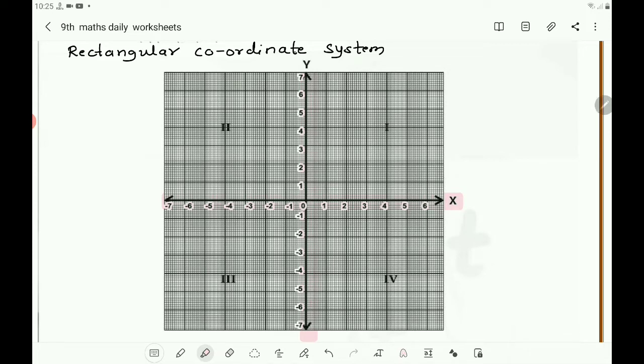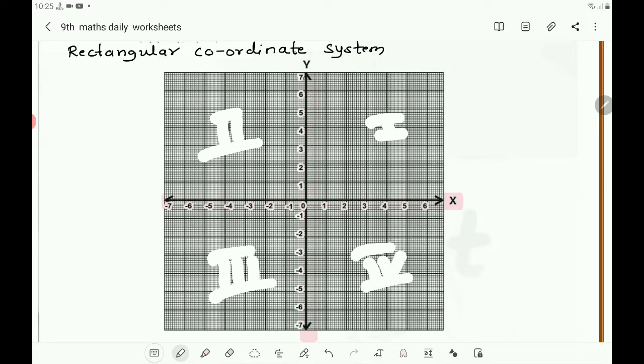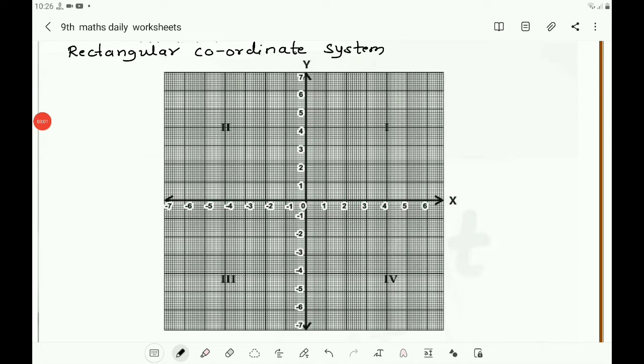Each part is called a quadrant. This is the first quadrant, this is the second quadrant, this is the third quadrant, and this is the fourth quadrant.